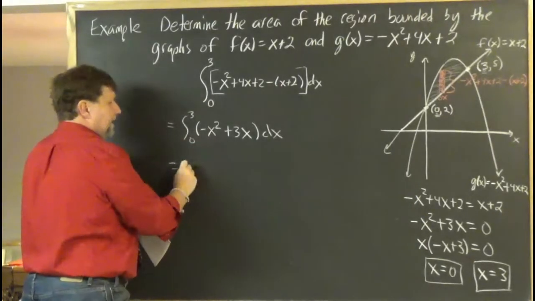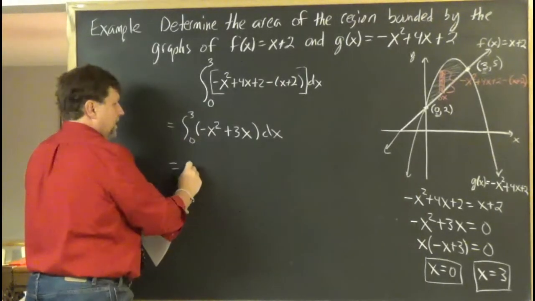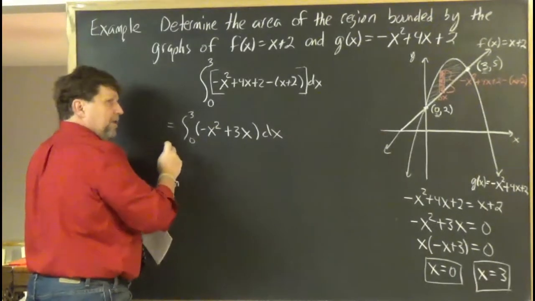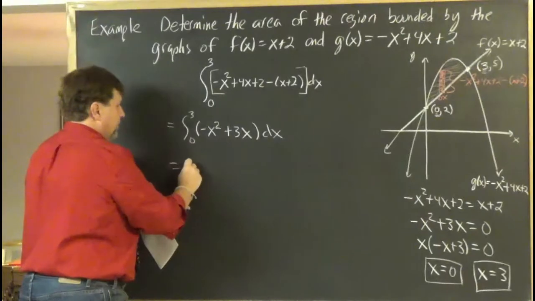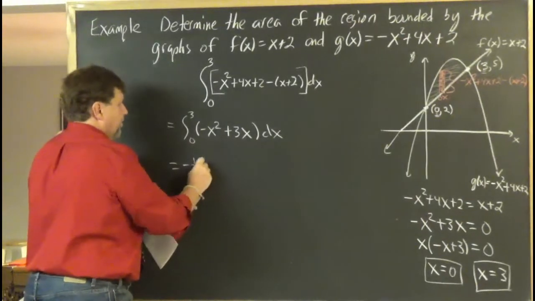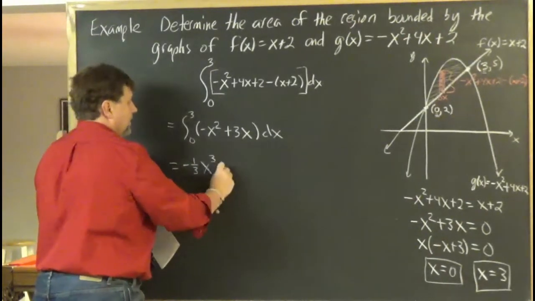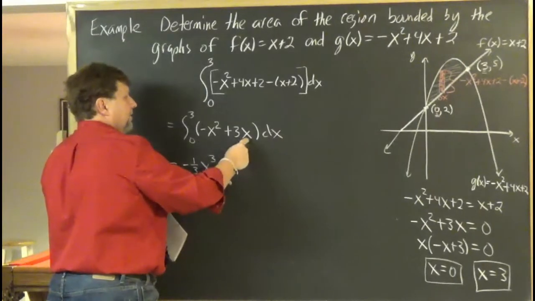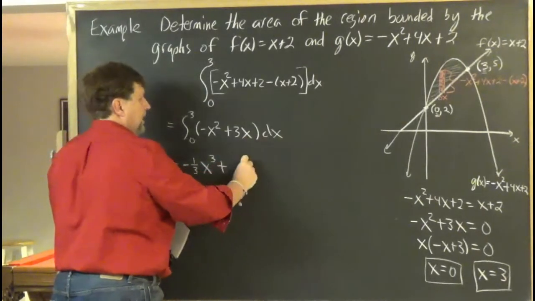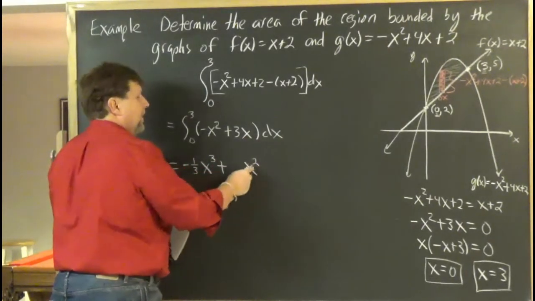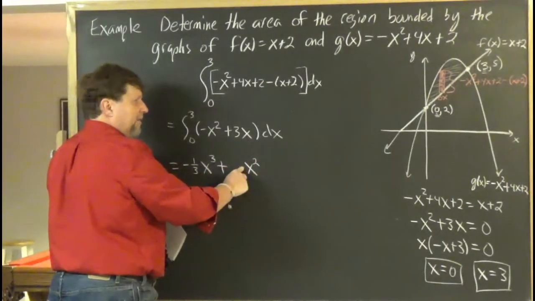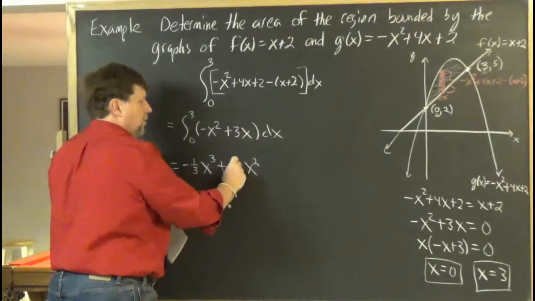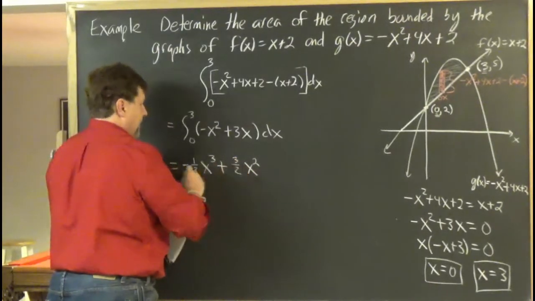So remember, for the antiderivative of negative x squared, I would add 1 to the exponent and put the reciprocal of the new exponent out front. So that's a negative 1/3 x cubed. The new exponent for x would be x squared. The reciprocal of the new exponent comes out front, so that's a 1/2. So 3 times the 1/2 would be a 3/2.